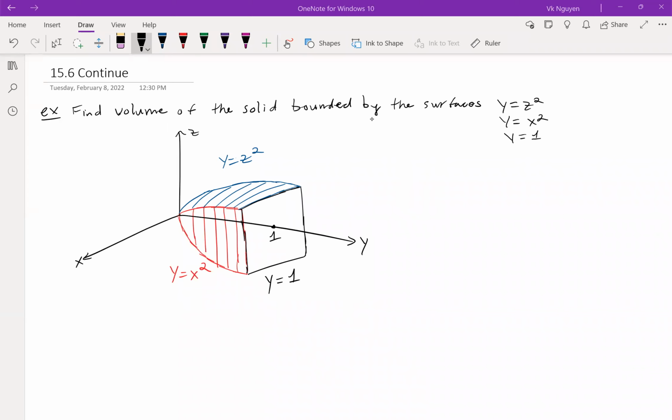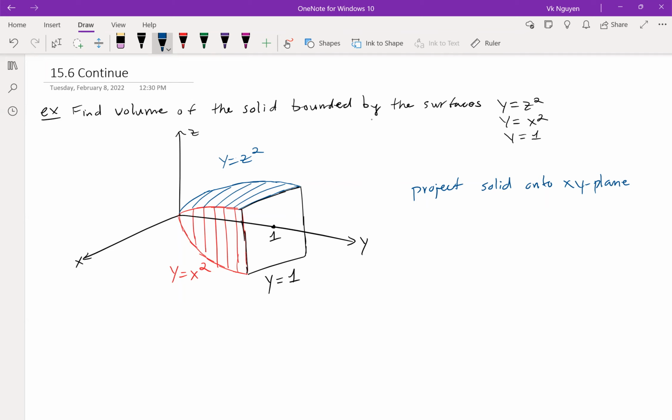If we project it on the xy plane, then we don't have to deal with the intersection. So you push this whole thing onto the xy plane, right?